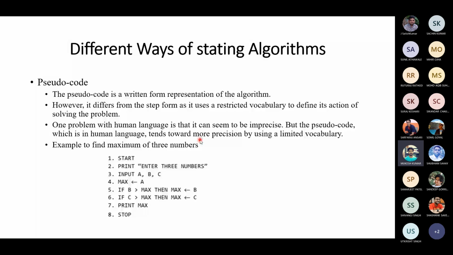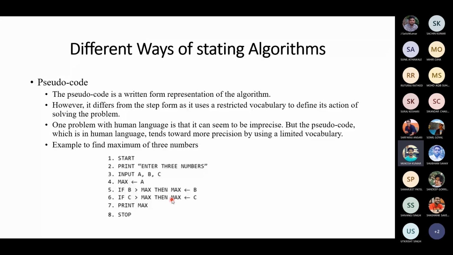For example, when I want to find the maximum of 3 numbers, I'll write step 1 start, step 2 print enter 3 numbers, step 3 input A, B, C. Then I will initially assume that the maximum value is A. I'll compare B with the maximum, which is A. If the condition is true, then B is greater than A, so B will be stored in max. Then again I will check whether C is greater than B.